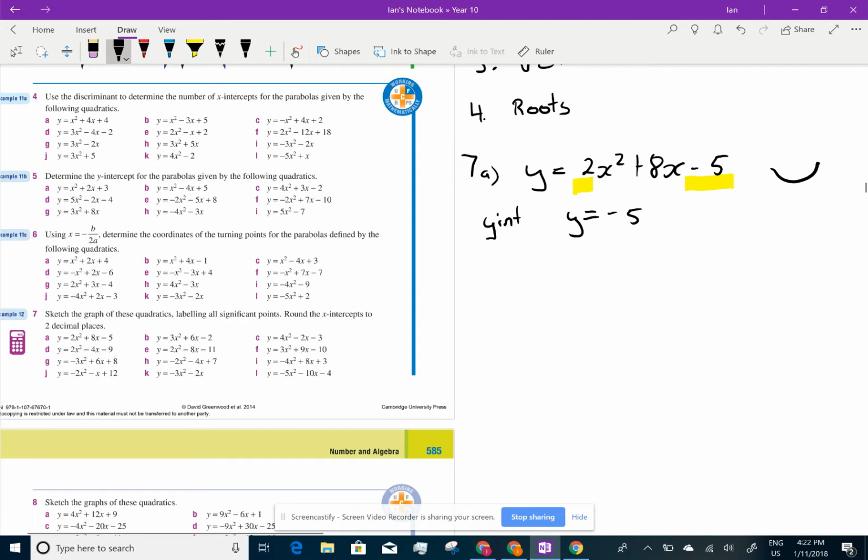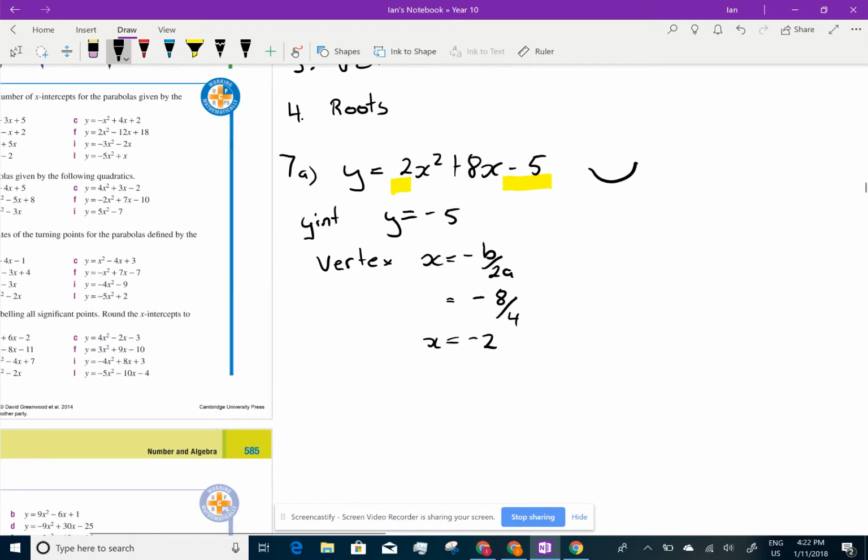All right, let's find the vertex. x equals minus b on 2a. Remember that comes from the quadratic formula. So that's minus 8 on 2 times 2, which is 4. So the vertex is x equals minus 2. And when x equals minus 2, what does y equal? 2 times negative 2 squared plus 8 times negative 2 minus 5.